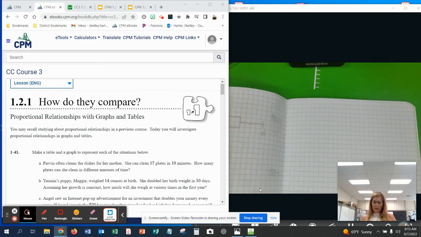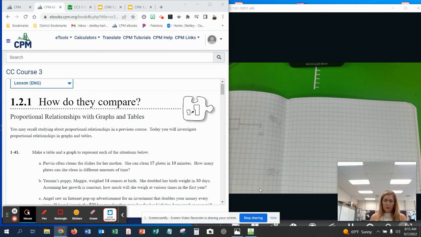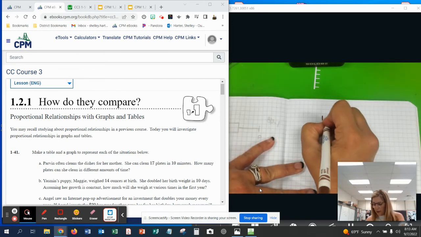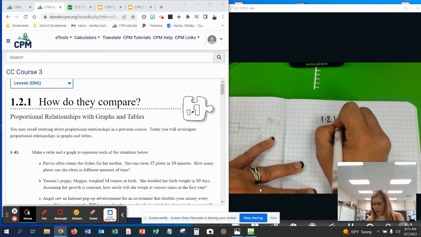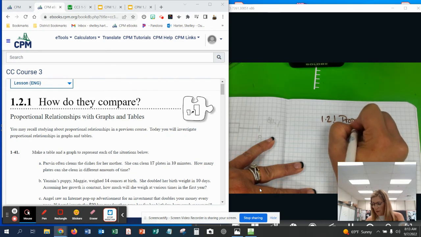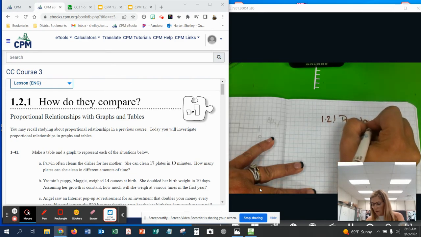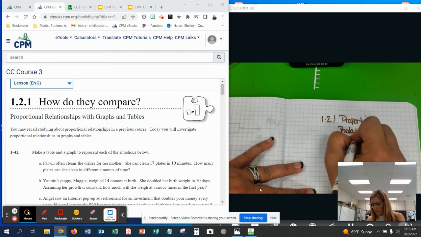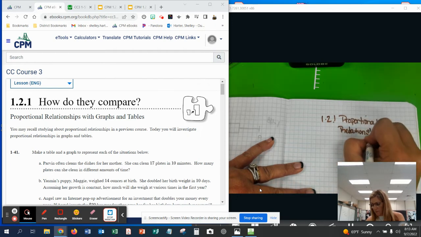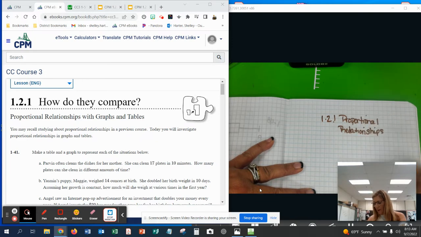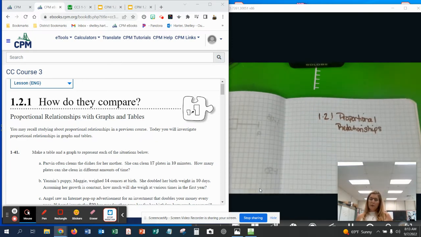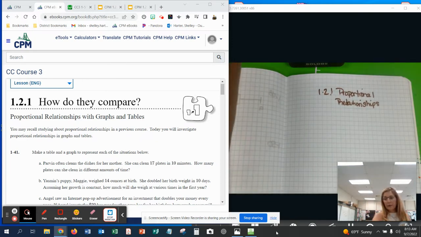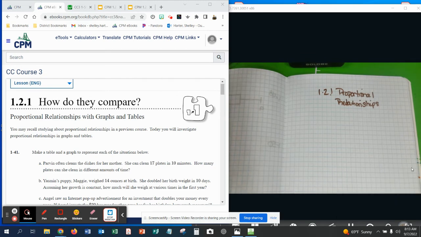I'm actually going to go over some of the lessons from yesterday for 1.2.1, proportional relationships and graphs. When you're looking at 1.2.1 with proportional relationships, they are going to want you to graph each one of these.